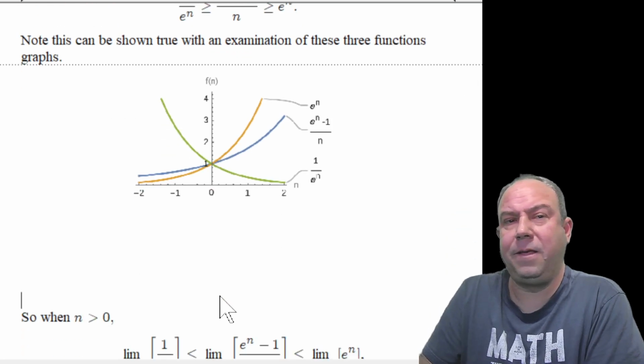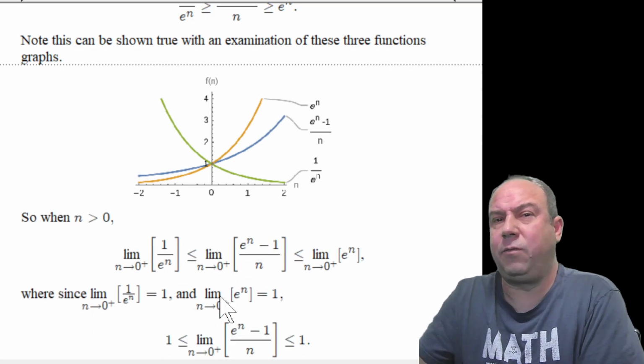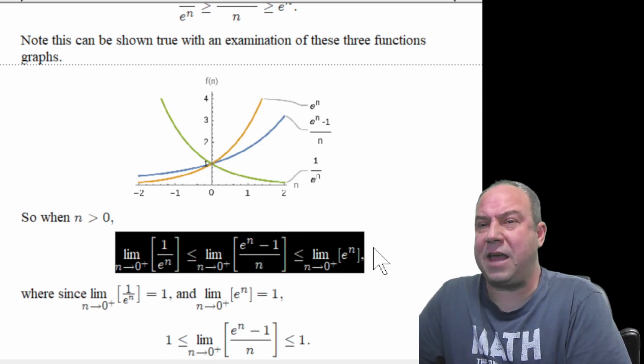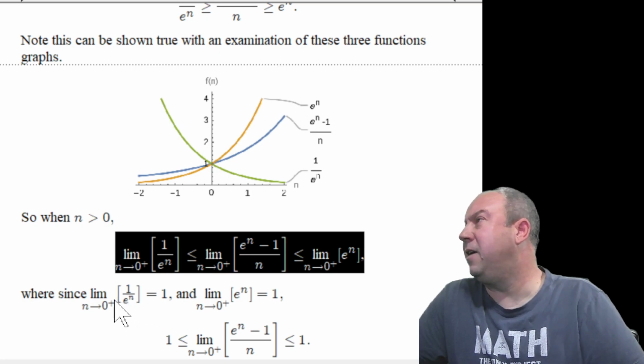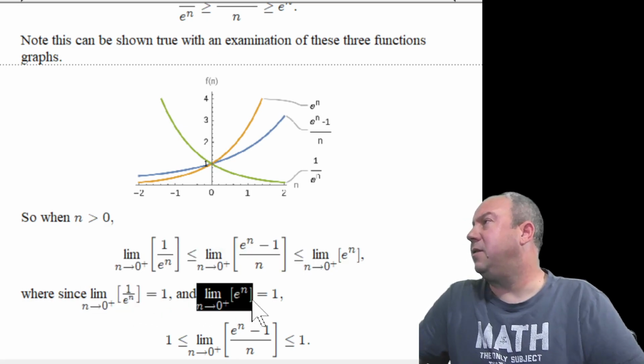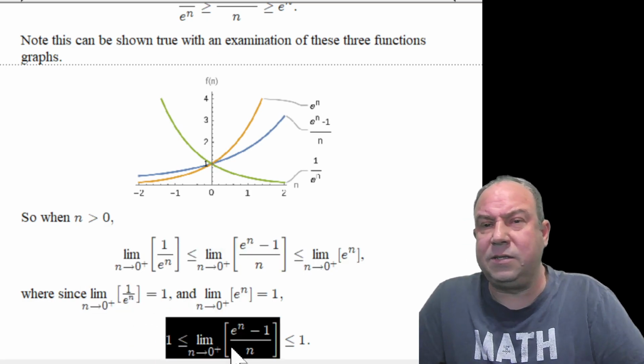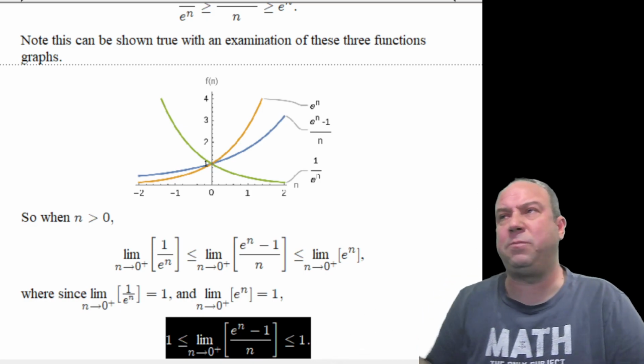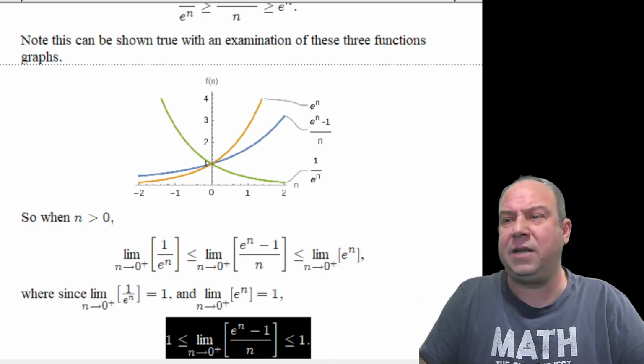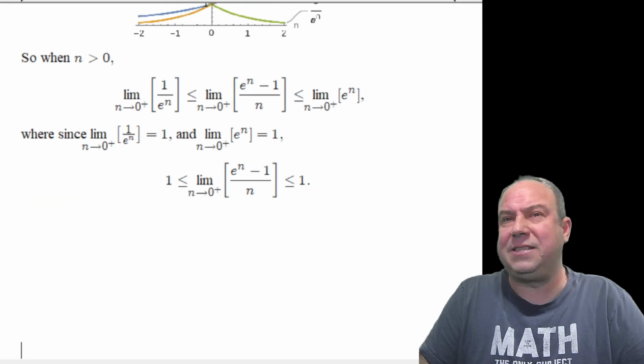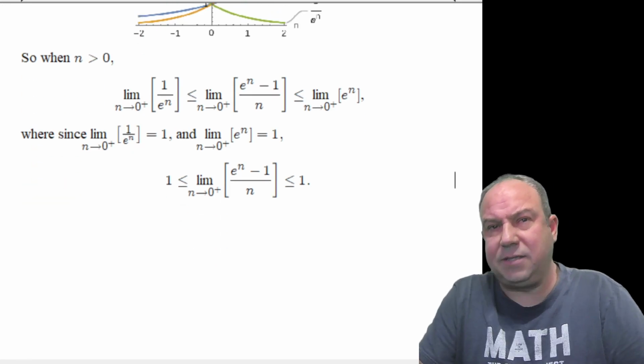To begin with, if we consider the limits of all three parts of that inequality, the two outer limits equal the value of 1. So that means the limit that we're interested in must also be stuck between those values of 1 and must be equal to 1 itself from the squeeze theorem.